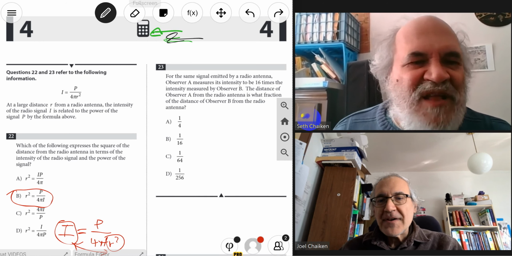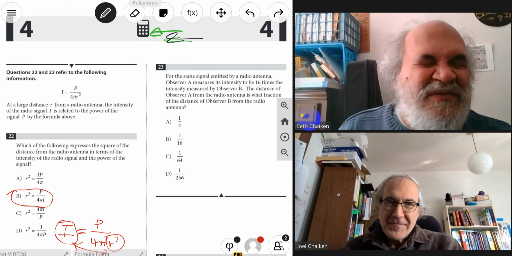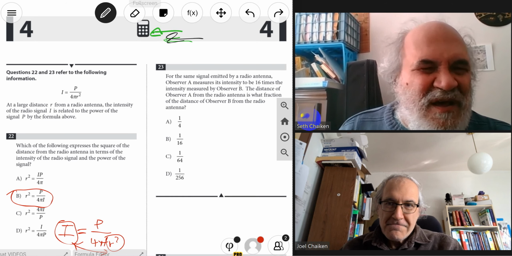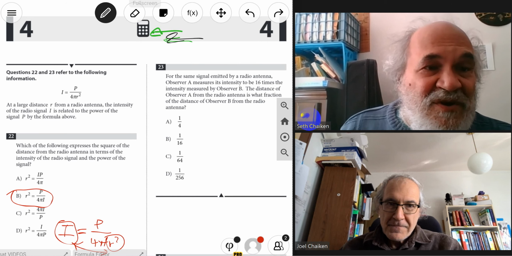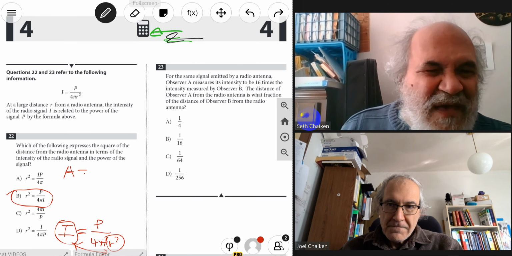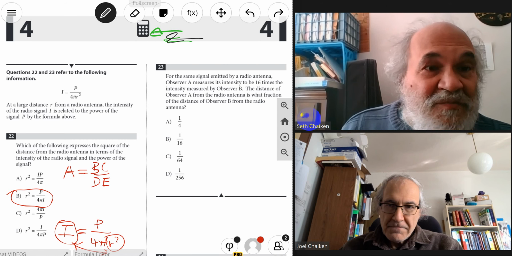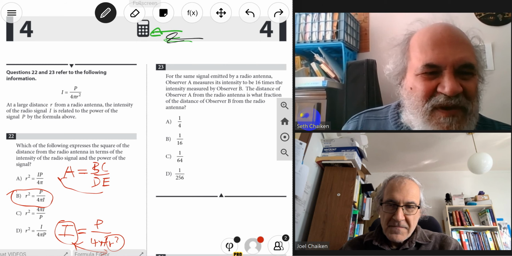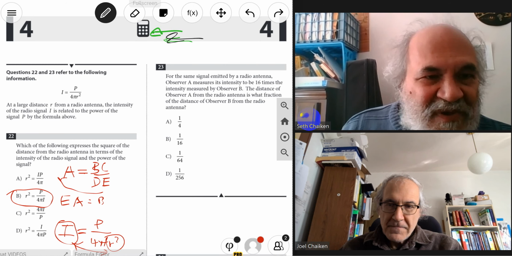But then, a similar property: in general, if you have A equals BC over DE, you could take the E and put it over here, so you get EA equals BC.